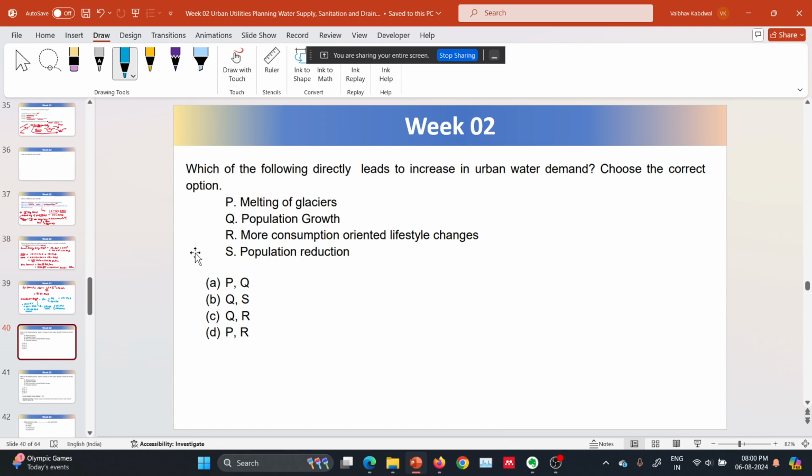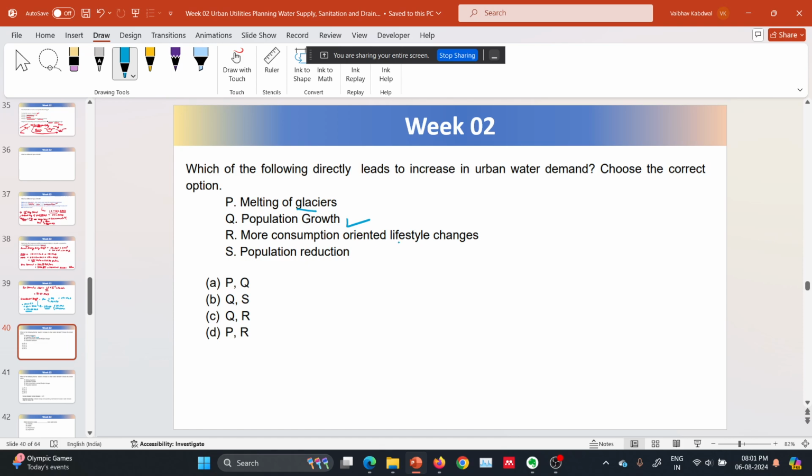Which of the following directly leads to increase in urban water demand? Choose the correct option. So melting of glaciers has no effect. Population growth will affect the urban water demand.